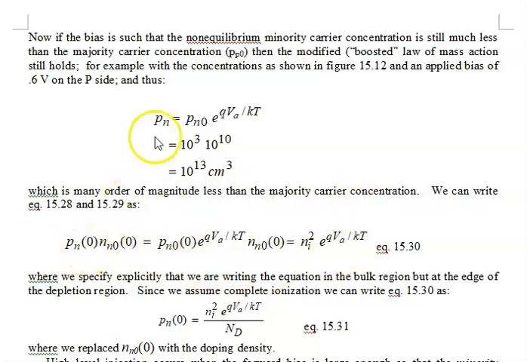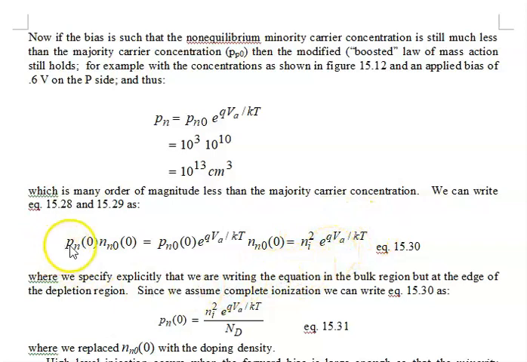The Pn0 right here is equal to Pn0 at 0 multiplied by the exponential, and the Nn0 that's here, and that is equal to 10 to the 20th boosted, so this whole number here is 10 to the 30th.